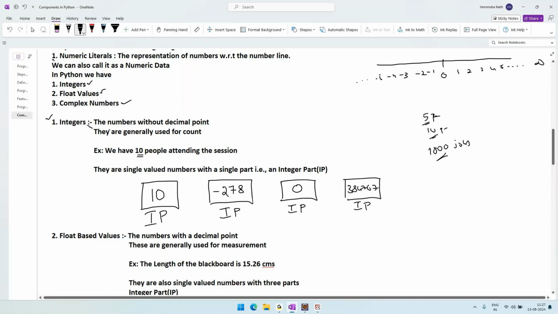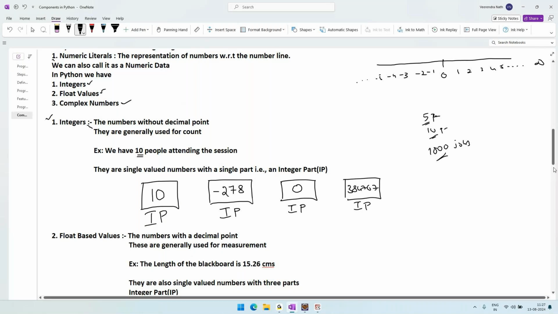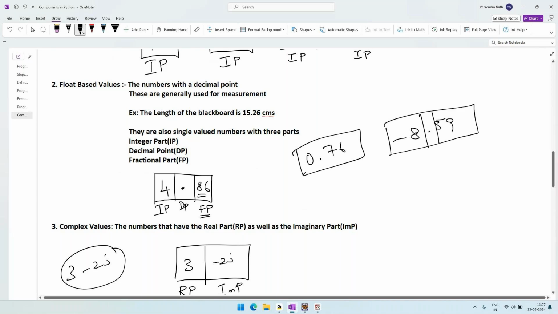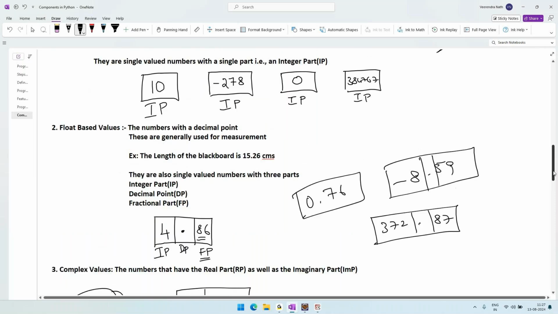Integers are the numbers without the decimal point, generally used for counting. 10, minus 2, negative or positive, however big the number, it is a single value. Float based is the same, however big the number, it is a single value. It can be 0.76, it can be minus 8.59, it can be 372.87. Any number can be a float value.